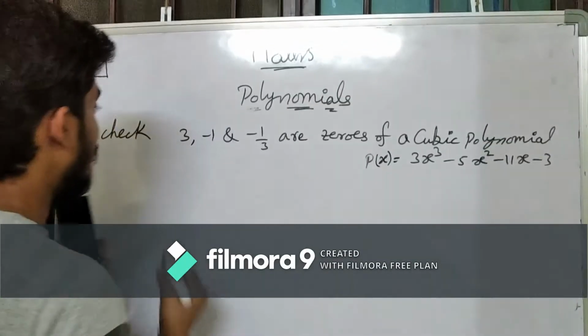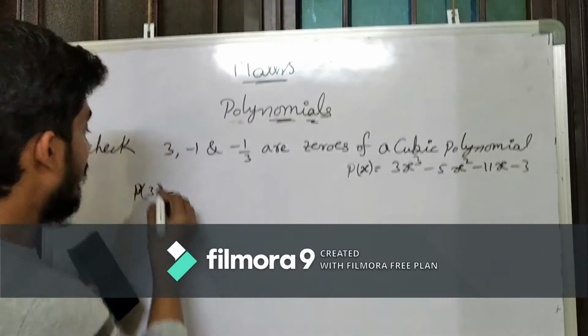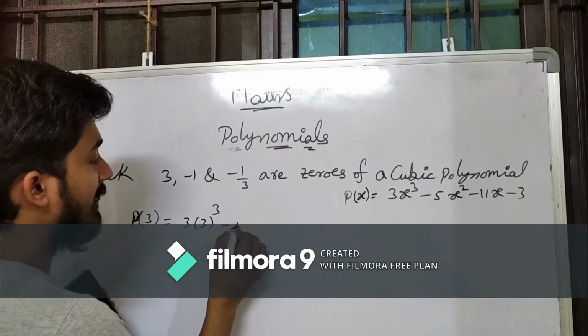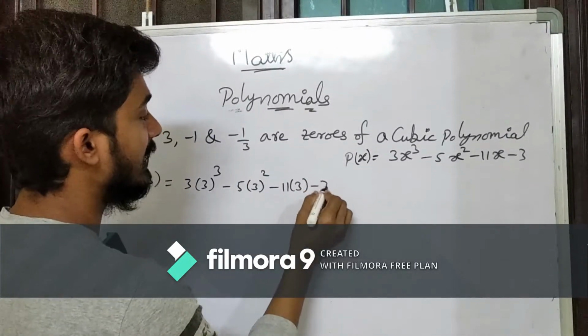So let us do this one. We will find the value of p of 3. P of 3 means 3 into 3 cube minus 5 into 3 square minus 11 into 3 minus 3.